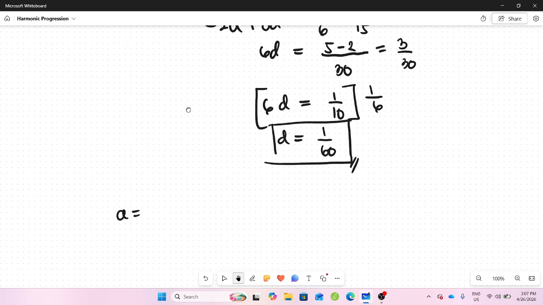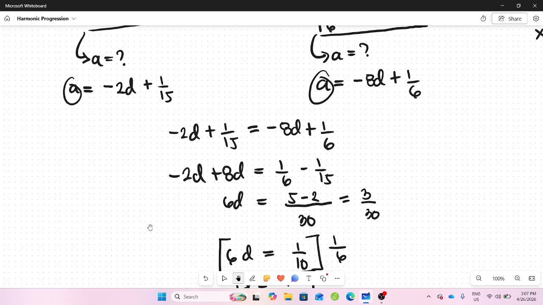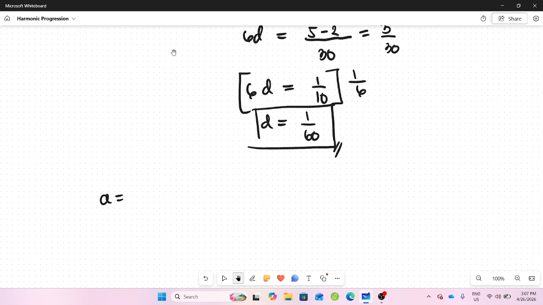Well, you could use either of these equations, but for this I'm going to use this one. So we have negative 2d plus 1 over 15. So we know that our d is actually 1 over 60, plus 1 over 15.